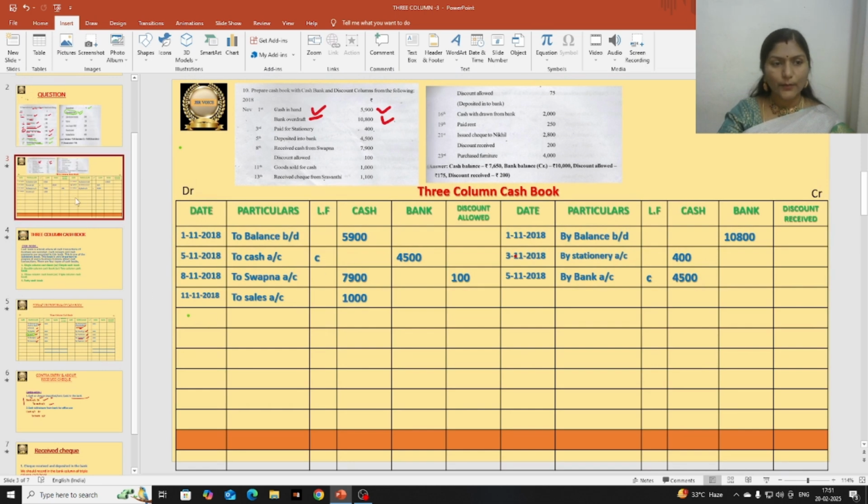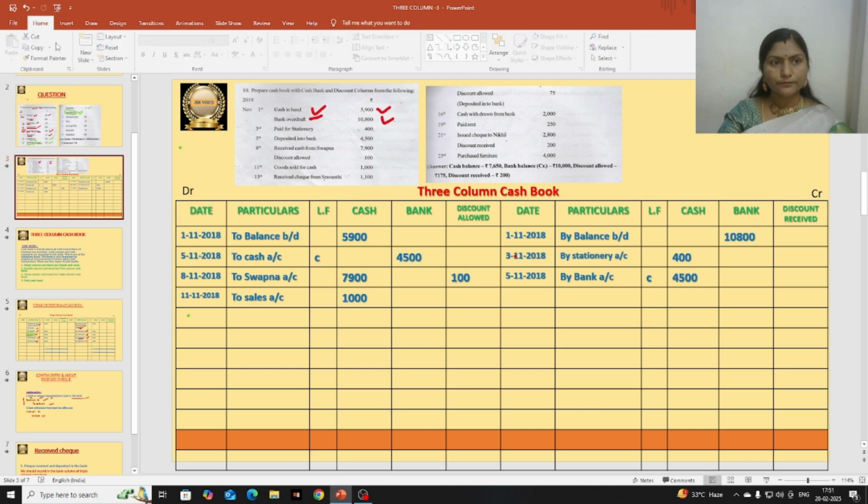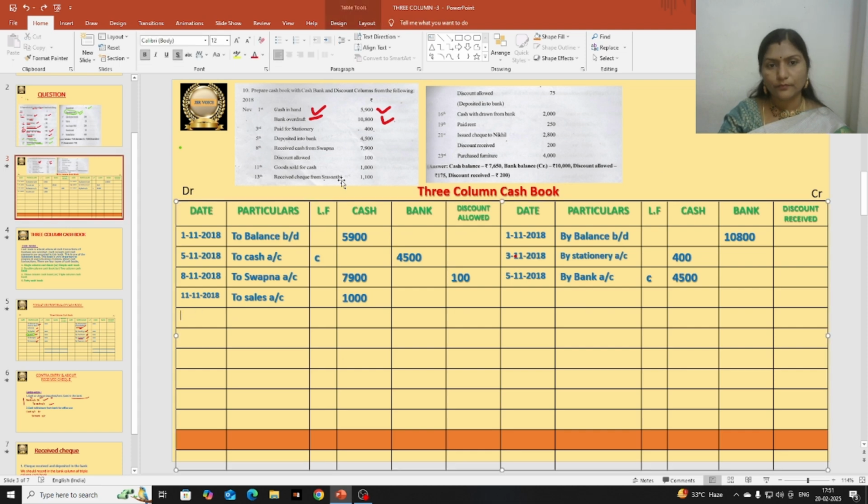We will record on debit side, because it is what? It is received check. 13th date, 13-11-2018, and in particulars column we will record to Shravanti account.